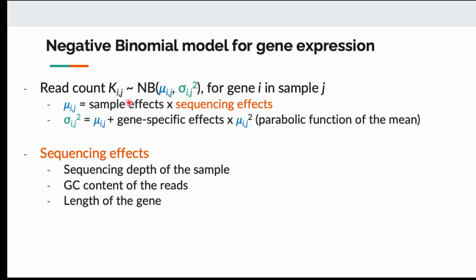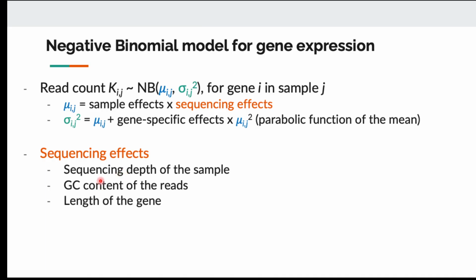One is based on which sample you are analyzing. Different conditions give you different average expression. And also your sequencing, the technical bias. So let's start with the simple one first. The sequencing effects are basically the things that we already talked about. The sequencing depth affects the number of reads that you have.